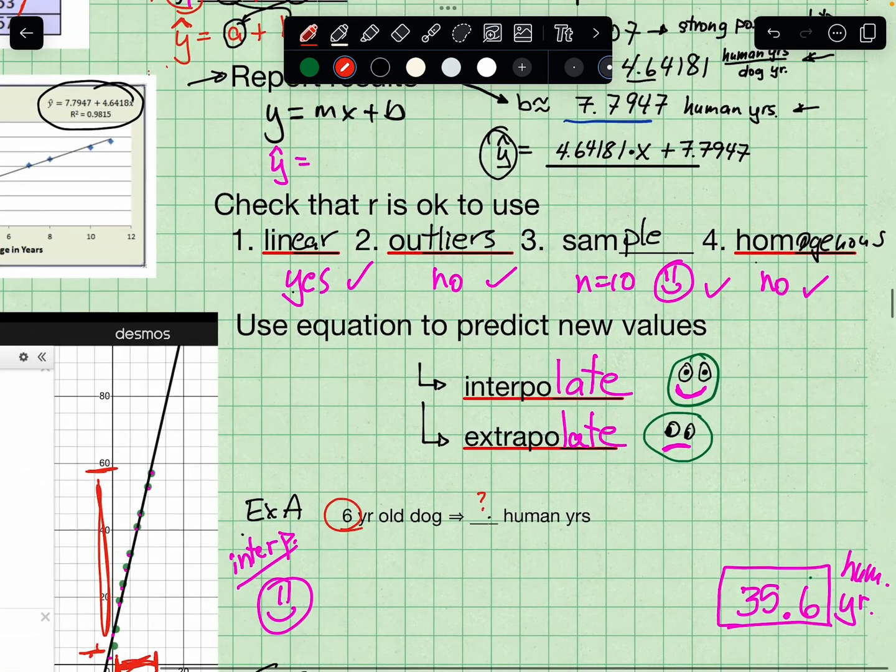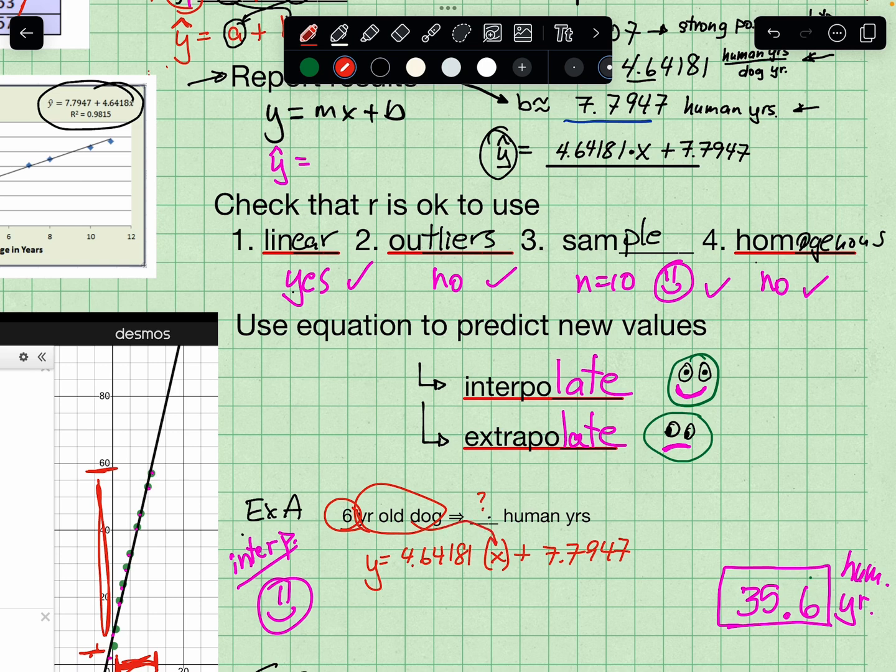I go back, grab the equation. Y equals 4.64181 times x plus 7.7947. I'm now going to take the 6 and put that in for x.